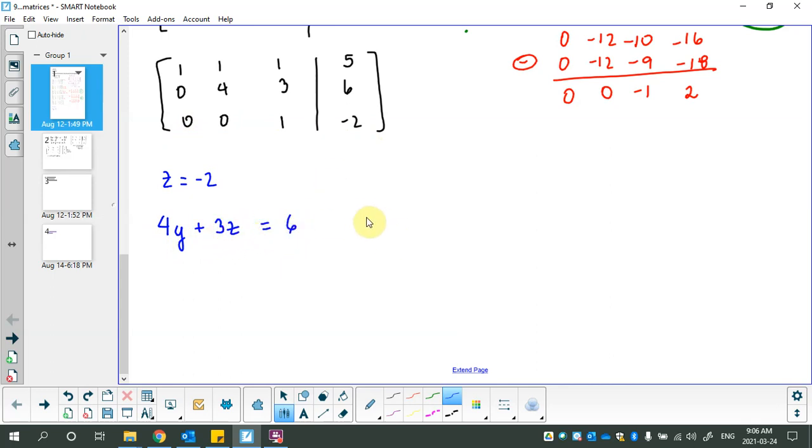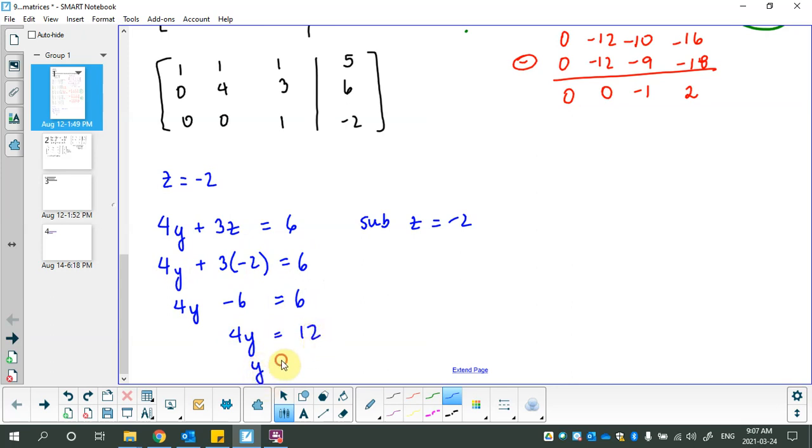And now I can sub z is equal to -2 in here. And when I sub z is equal to -2, I'll only leave y. And if I only leave y, I should be able to solve for y, and get a value.